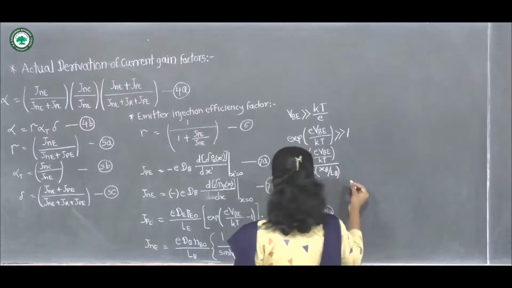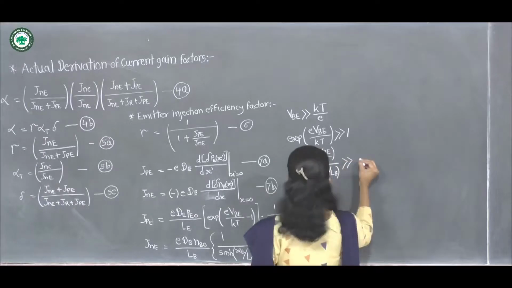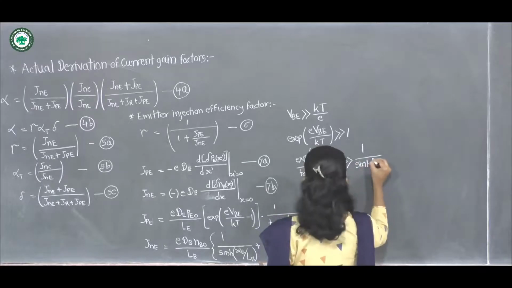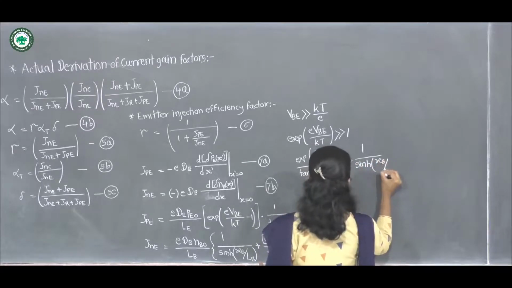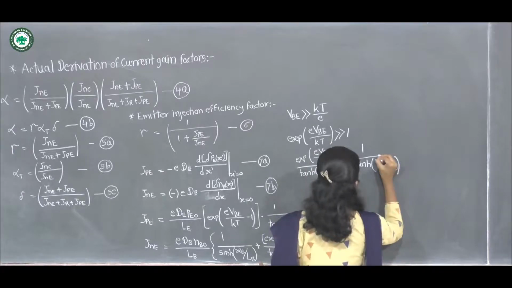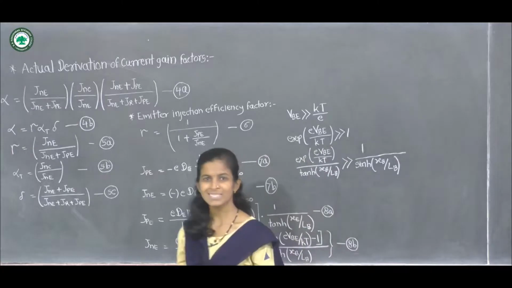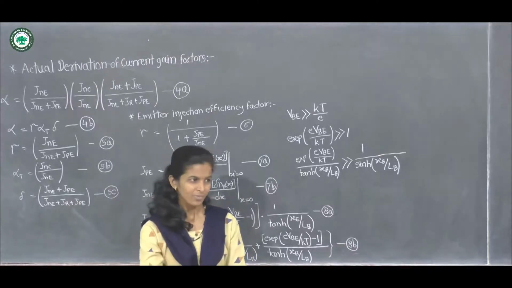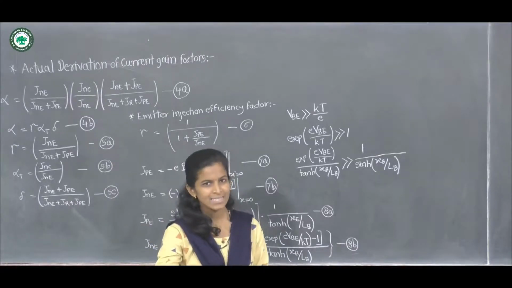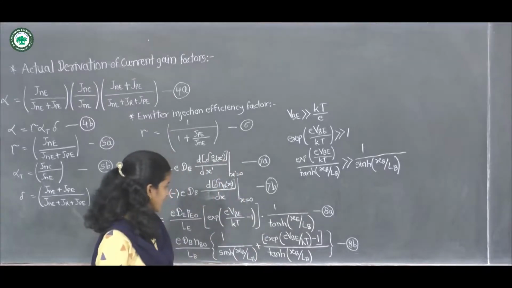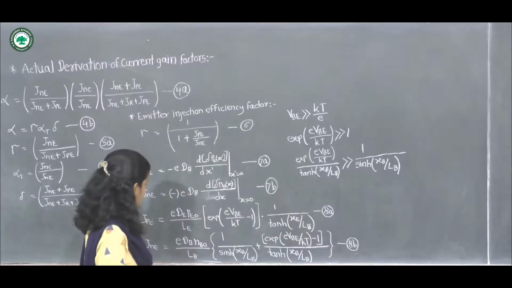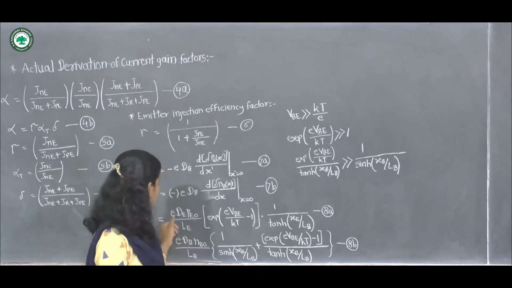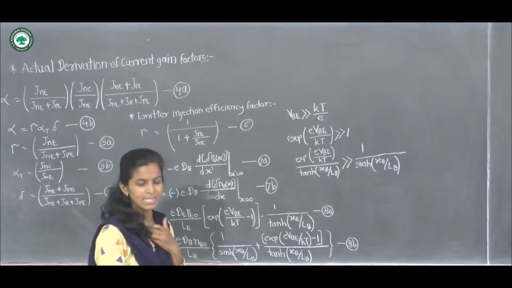Here we have used different notations: XB is the base width, LB is the diffusion length of carriers in the base, dB is the diffusion coefficient in the base, and dE is the diffusion coefficient in the emitter.